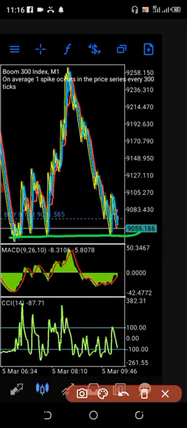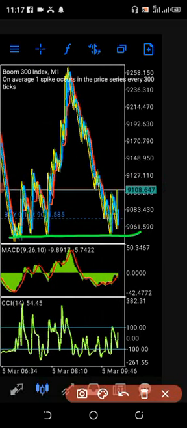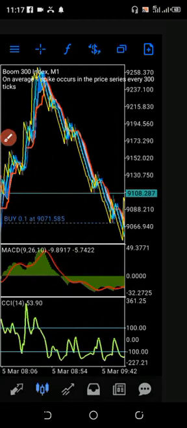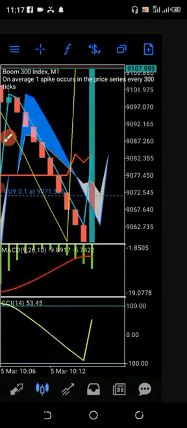Do you hear what I said now? This resistance level gives you an opportunity to catch a spike on 1 minute time frame and 5 minutes time frame. Do you see it has spiked now? Let me show you.